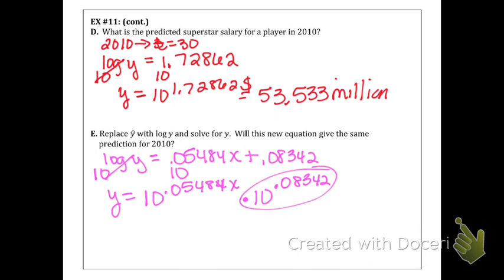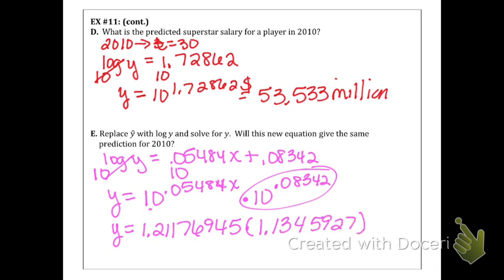And I'm just going to put this part first. So we end up with y equals 1.2117695 times, and then I'm going to go ahead and work out this 10 to the 0.05484. That gives me 1.1345927, and it's just raised to the x then, because I worked this out, okay?